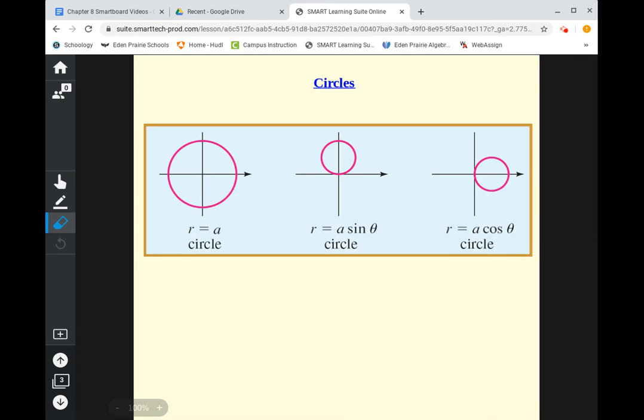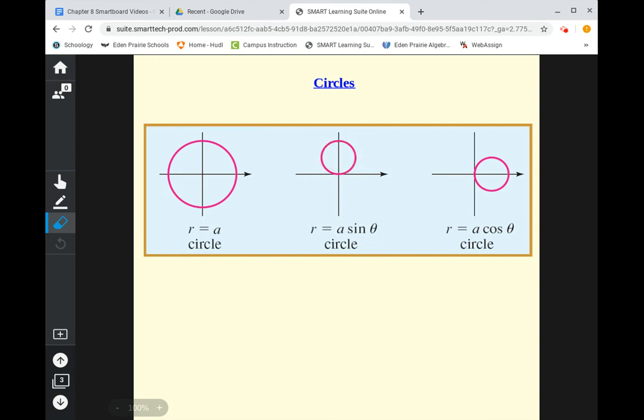Here are circles. Some things that you should know. We'll look at these equations. When the radius equals a number, it's a perfect circle with the center at the origin, with a radius of whatever you determine A is. Now, if you have a circle with this equation, r equals a sine theta, notice that this is the sine and your circle is on the y-axis.